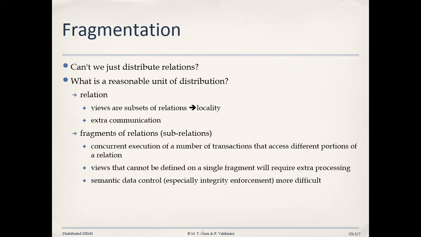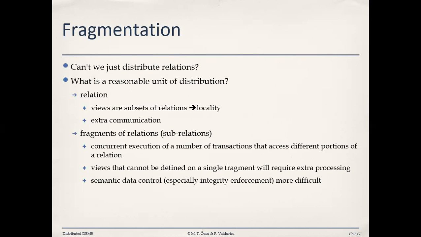Fragments of relations are also called sub-relations, or views, as I mentioned in the previous statement. Next is concurrent execution of a number of transactions that access different portions of a relation.